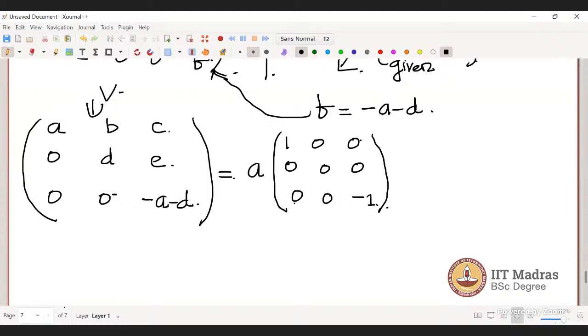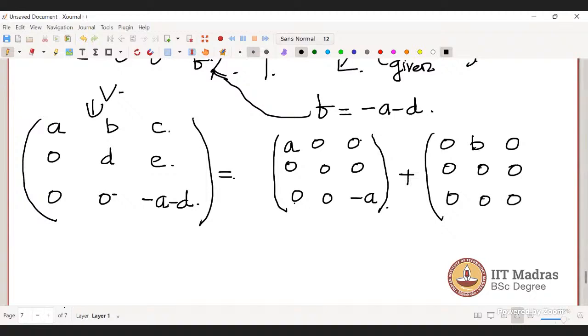I'm splitting this A, B, C, D, E, F. This is A, this is minus A. Again, plus B times a matrix with 1 in the B position and 0 elsewhere, plus C times a matrix with 1 in the C position and 0 elsewhere.